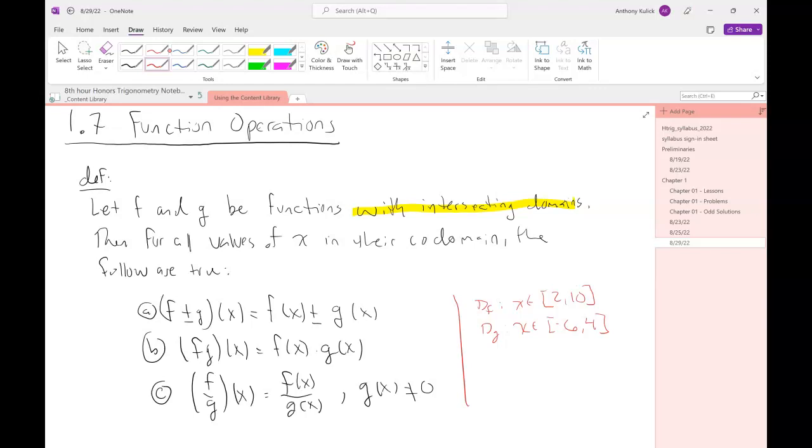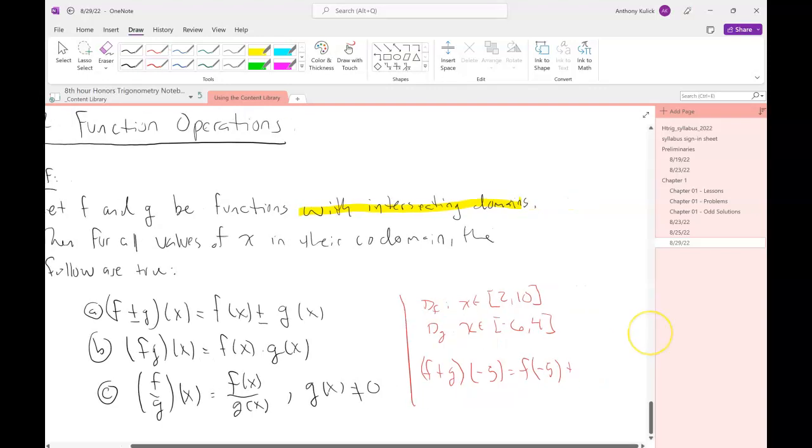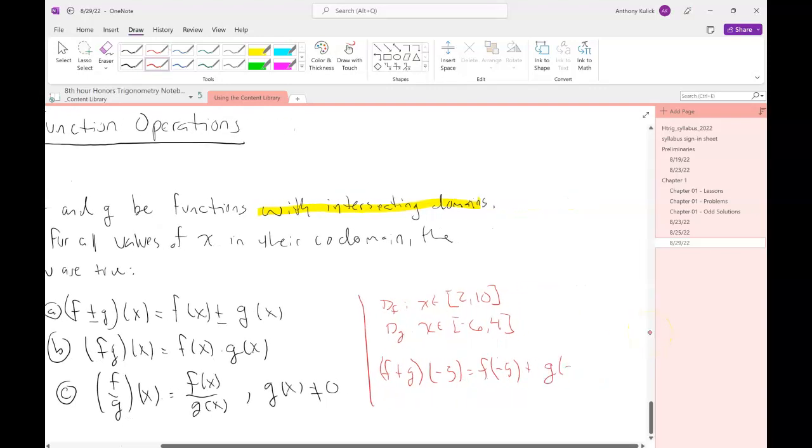Everybody's okay with that? So if I wanted to do (f plus g)(-5), I would do f(-5) plus g(-5), but what's the problem? That's undefined, right?